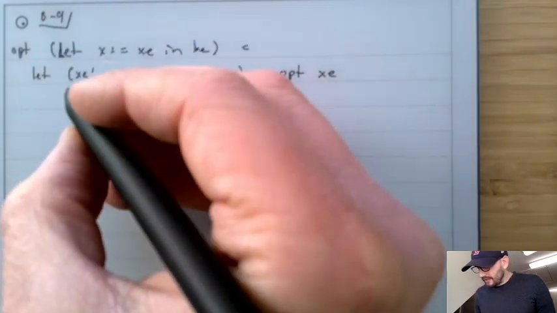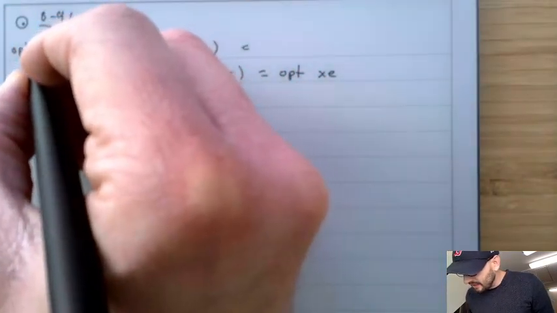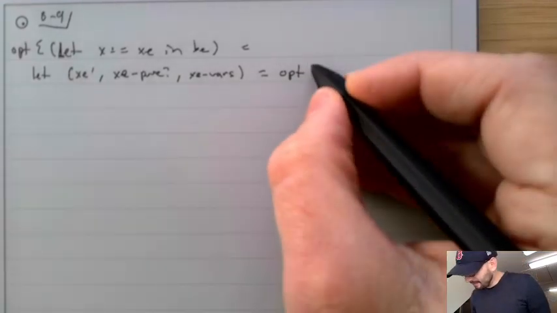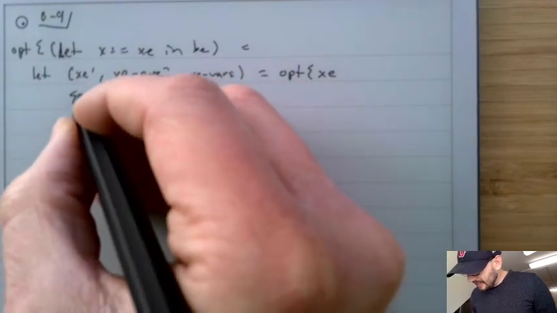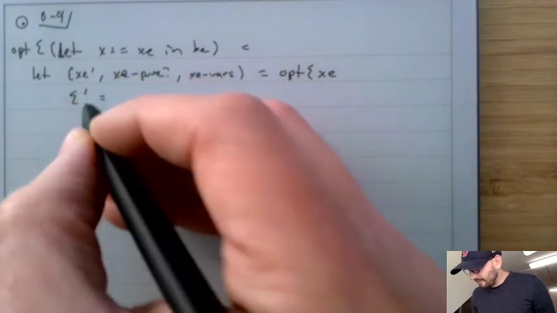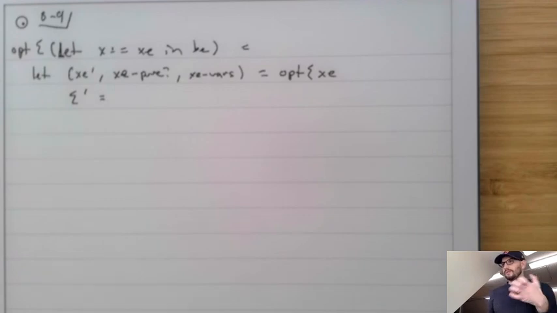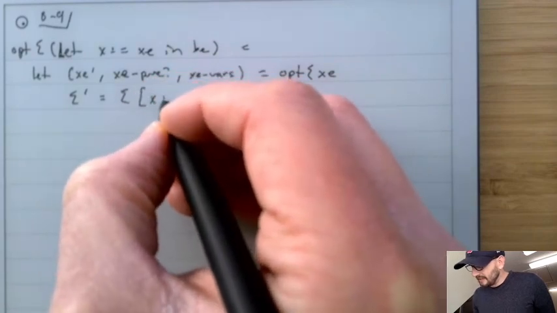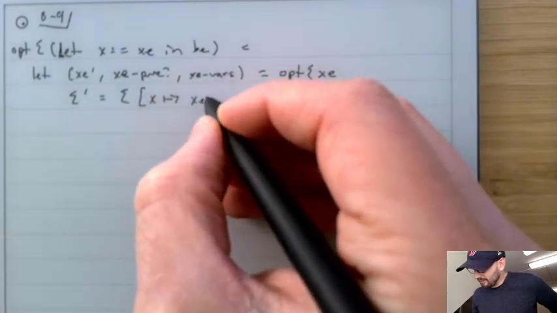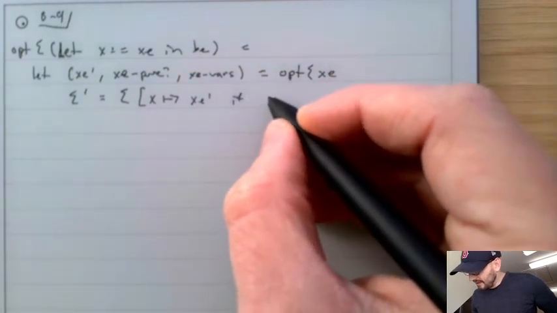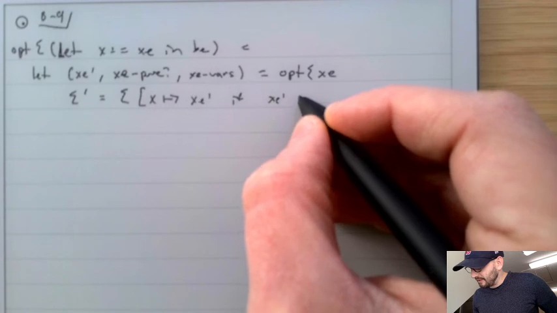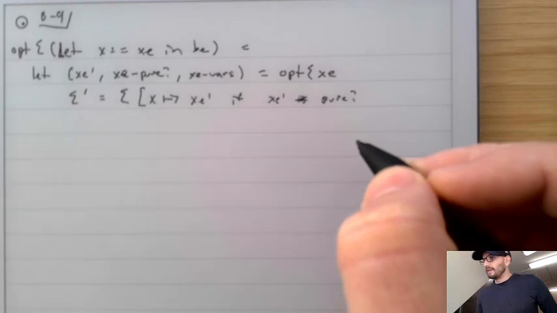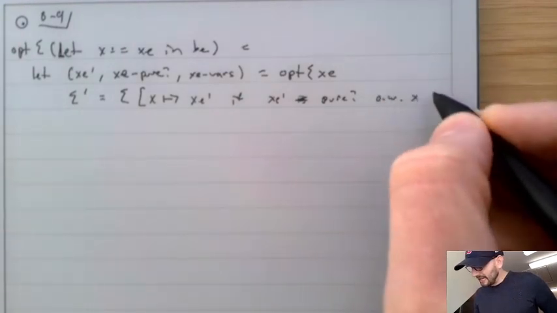Then what we're going to do is let's say that there's this argument called sigma, which just stores information about the context that we're doing optimization in. And then we'll let sigma prime be equal to sigma, where x is mapped to xe prime if xe prime is pure, and otherwise we'll just have it be x.